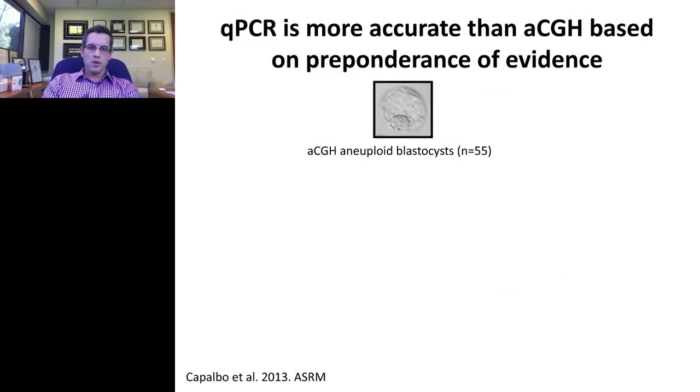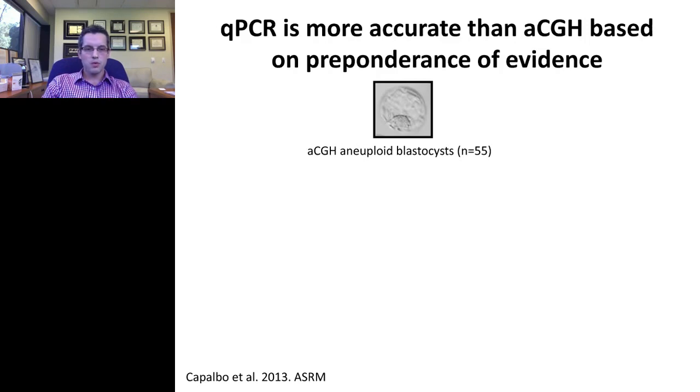And so there are a variety of methodologies. One method that's being used quite a bit in the clinic today is aCGH. However, very little validation, level 1 evidence actually exists to demonstrate validity of aCGH in diagnosing aneuploidy in the embryo.